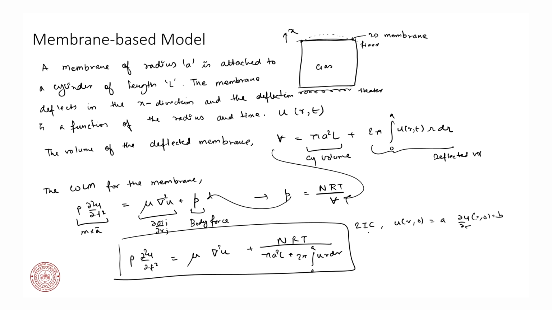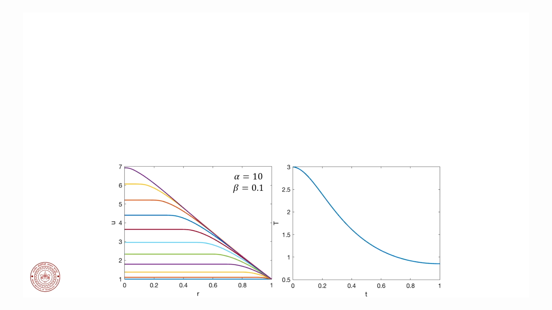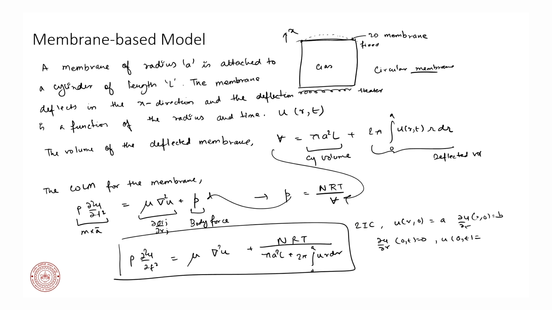If it is a circular membrane, as we have written over here, so this is a circular membrane, in that case, del u by del r at 0 comma t is 0, and u at a comma t is fixed. If it is fixed at 1, we can check quickly. It is fixed at 1, so we can say it is fixed at 1. Okay. These are our boundary conditions for this equation.